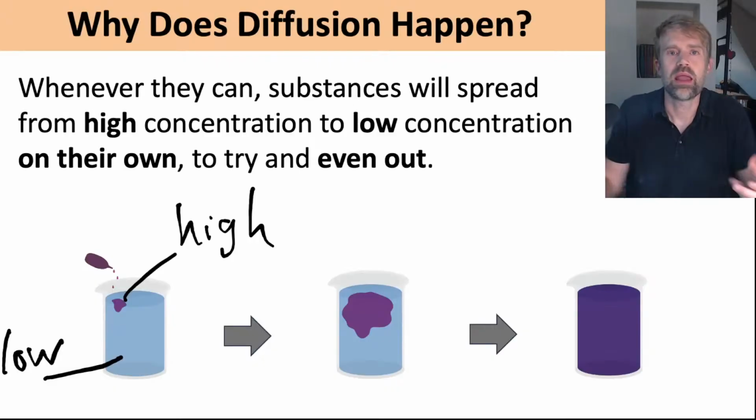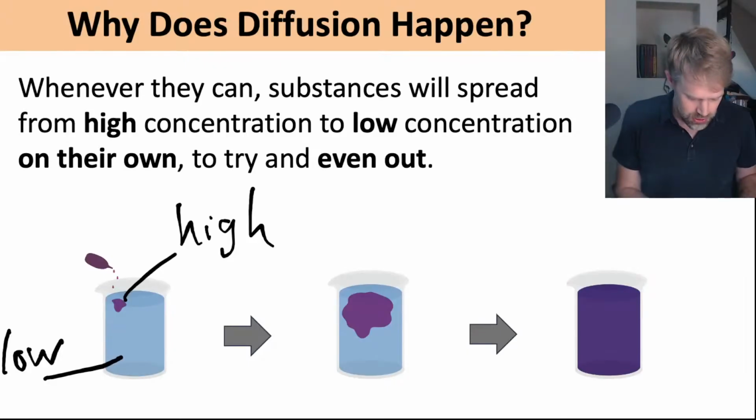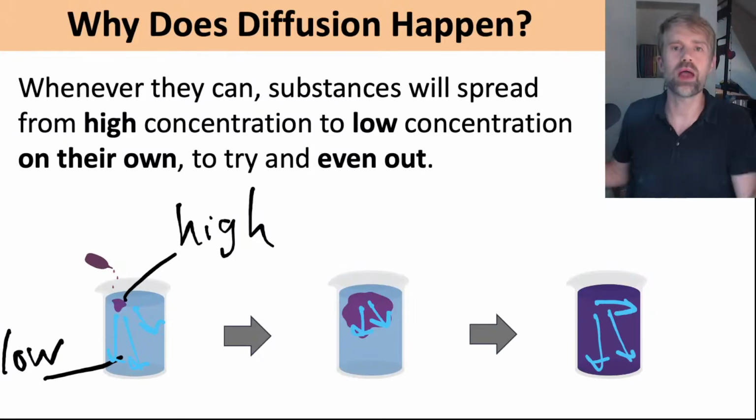Well, if nature has its way, things aren't going to stay like that. We're going to get diffusion. Things are going to spread out. This coloring is going to spread out from the high concentration to the low concentration. We can see that happening here. It's starting to spread out until eventually it is spread all the way out and now it's evened out.